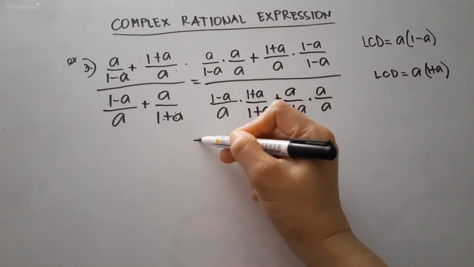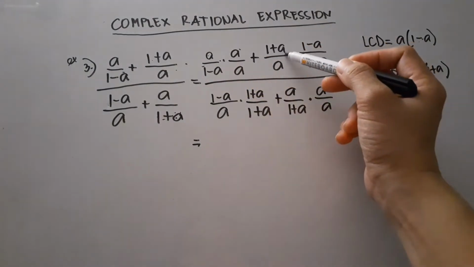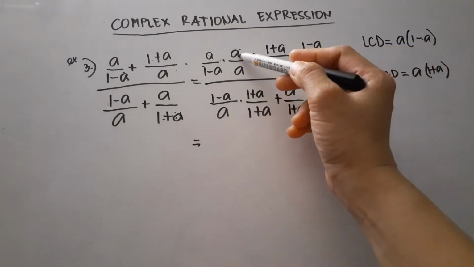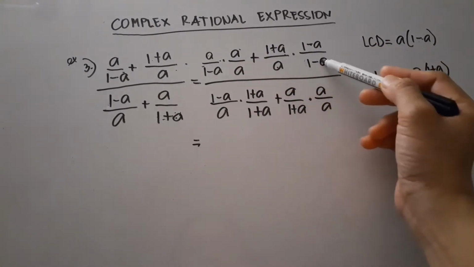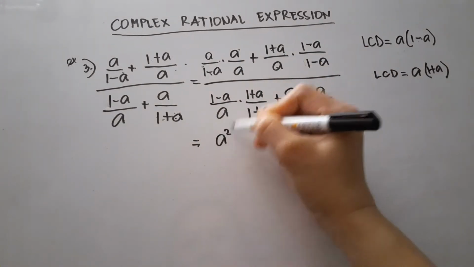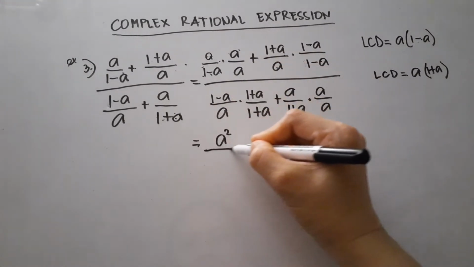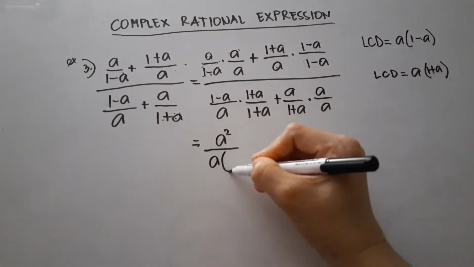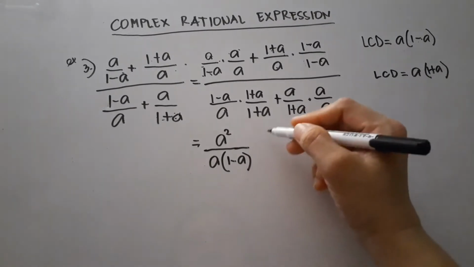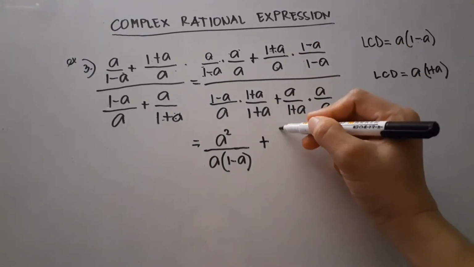Then we multiply the numerators in the first fraction and the other fractions, but we have an LCD that is the same. We have (1 − a), so a times a becomes a², and then copy the least common denominator, which is (1 − a), and in the second fraction we have (1 + a).